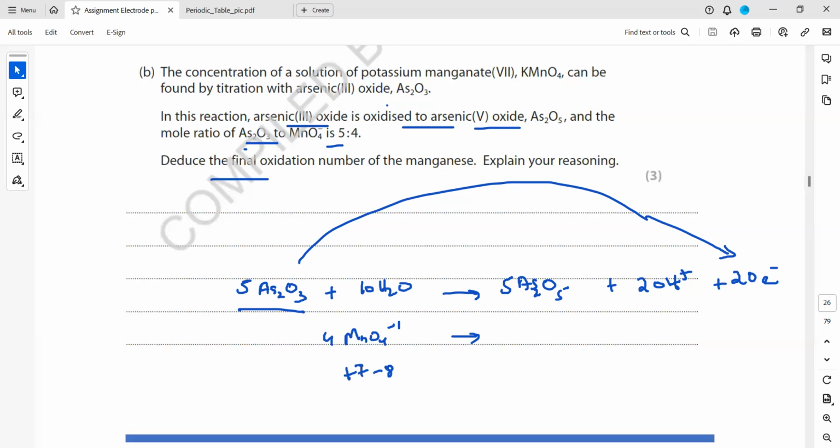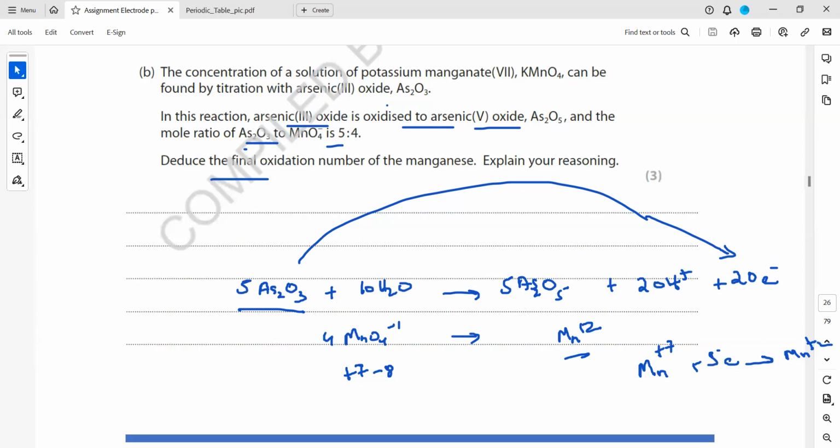So 4 molecules are gaining 20 electrons, so each molecule will gain 5 electrons. So if we have Mn, which is +7, and it gains 5 electrons, what will the last oxidation state be? So the last oxidation state will be +2. So the final oxidation state will be Mn2+.